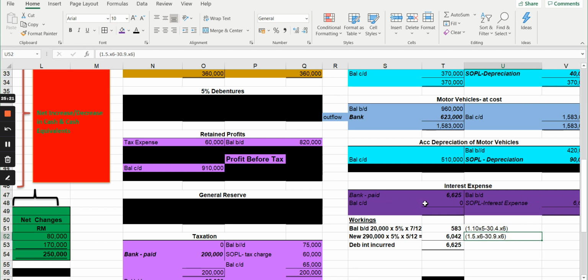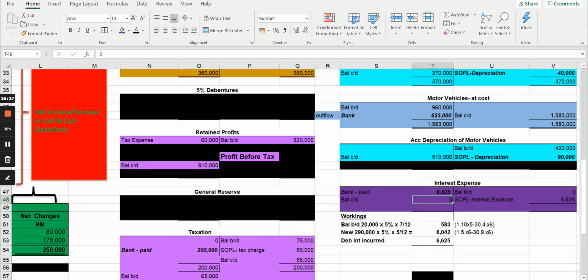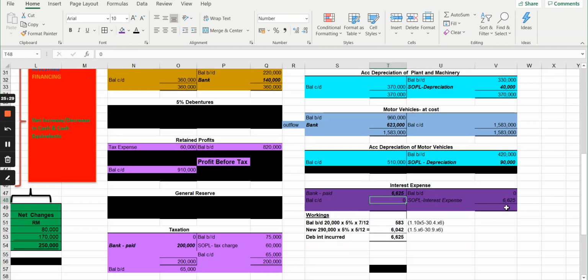Okay, so you can see here there are no opening balance or closing balance that was given related to the interest account or interest payable. So there you have 625. This one is an outflow.